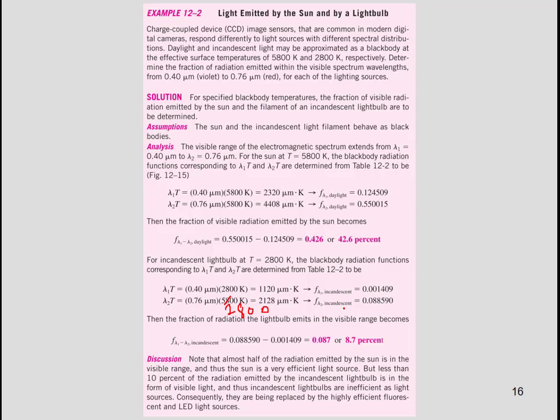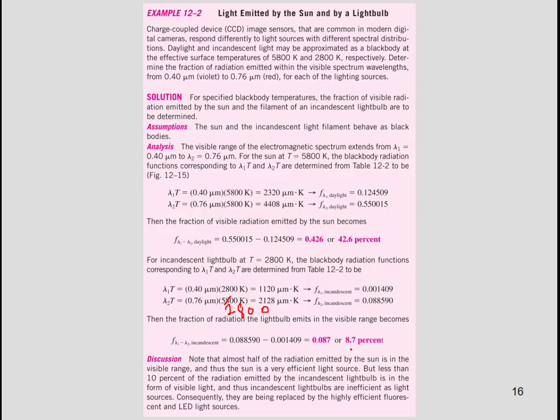Then by writing the equation for that, we can find the fraction, and as you can see here, almost 8.7% of the radiation energy from the light is visible. So only less than 10% of the light will be visible for the light bulb. Actually, for an incandescent light bulb, only 10% of that will produce light.